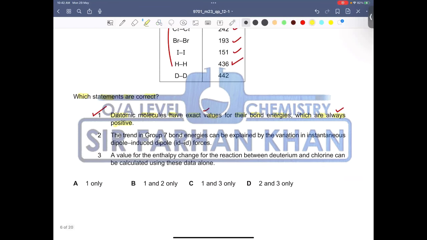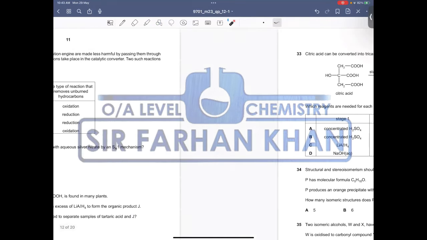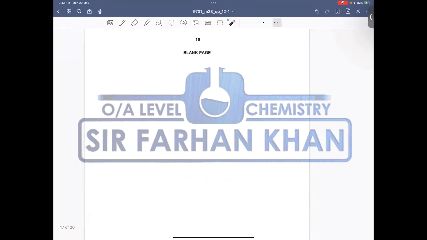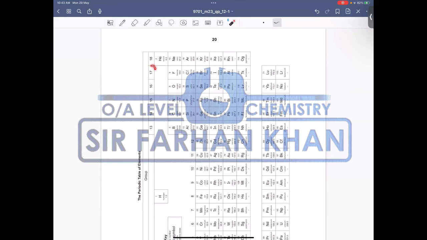And the second statement, the trend in group 7 bond energies can be explained by the variation in instantaneous dipole-induced dipole forces. I have a very strong reservation on this statement because it needs to be group 17 instead of group 7. Let's see if there is any change in the periodic table in the Feb March paper. I don't think so, but I'm surprised. Yes, there is no change. It is group 17, so it shouldn't be group 7.